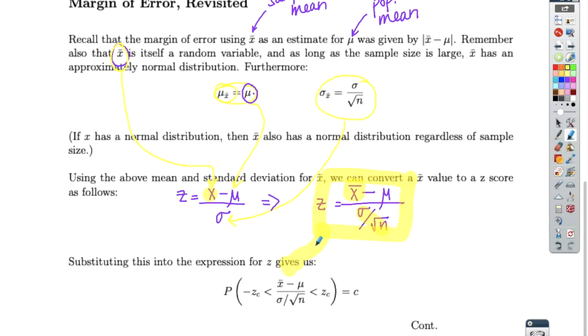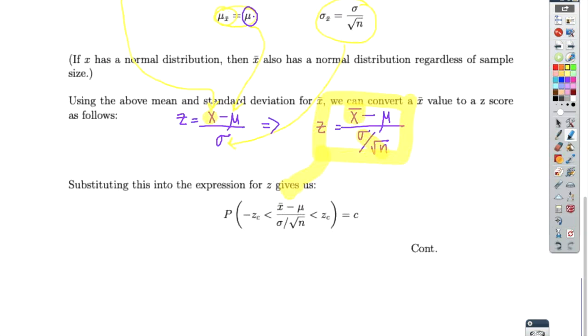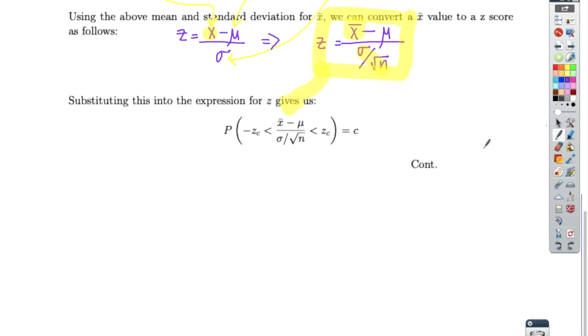And then I'm just going to do something a little bit funny, and you can just kind of take my word for it. Again, you won't have to recreate this at all, so you're just watching at this point. I'm going to take this inequality and multiply all sides of it by the denominator.